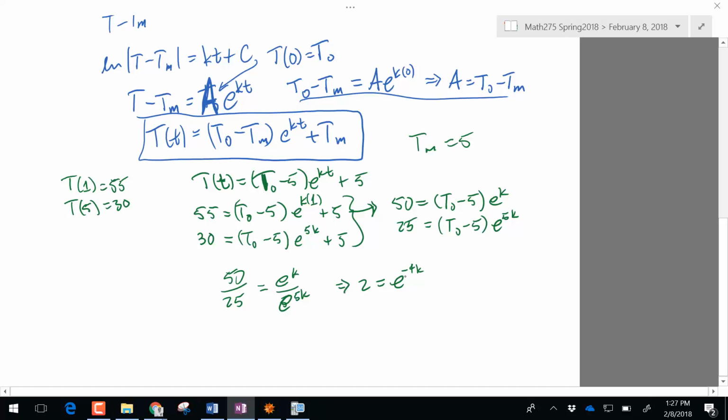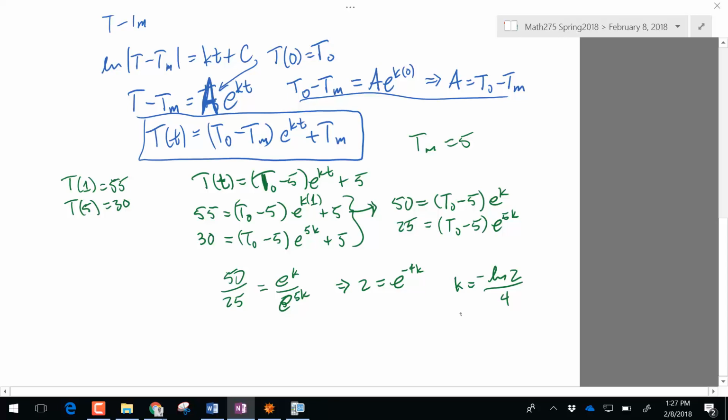And then I'll take the ln and divide by negative 4. So k is equal to negative ln2. So ln2 is positive, this is negative, so this is decreasing, which is what we're looking for.